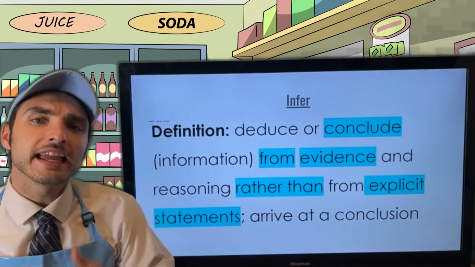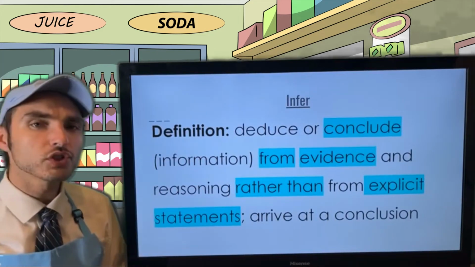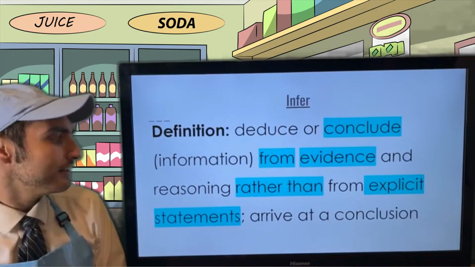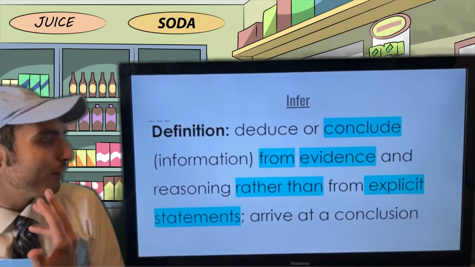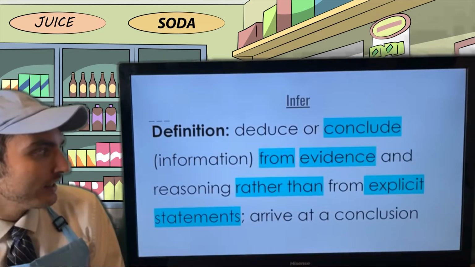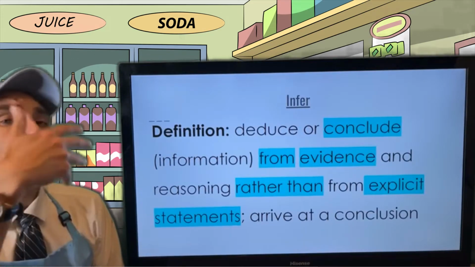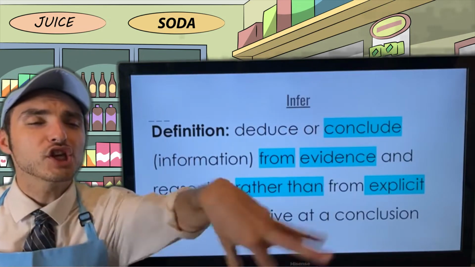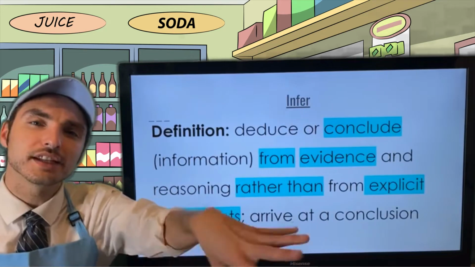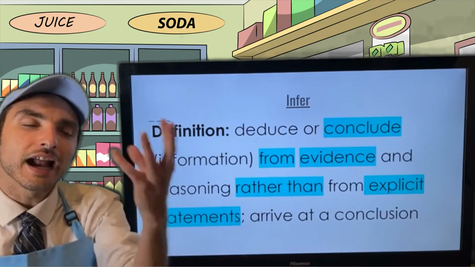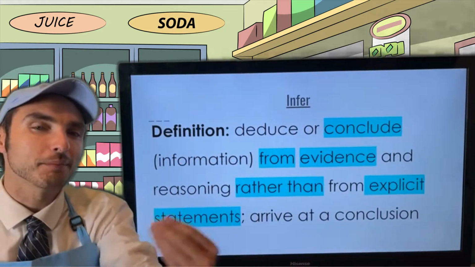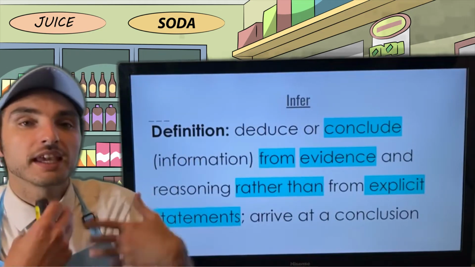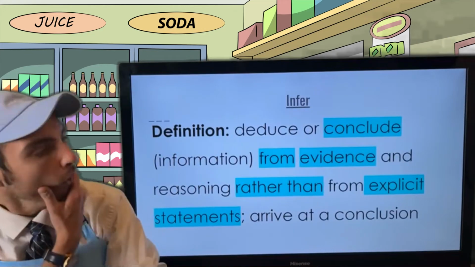Well, basically, infer means to deduce or conclude information from evidence and reasoning rather than from explicit statements. It basically means to arrive at a conclusion, to go, I'm going to take all this into consideration, and I'm going to infer something about that. I'm going to come to a conclusion due to me inferring.